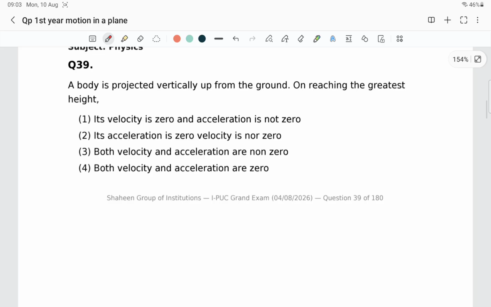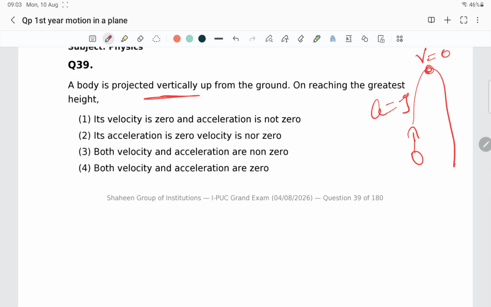A body is projected vertically up from the ground, on reaching the greatest height. So what is the answer? At highest point velocity is 0. Vertically up it says, at the highest point velocity becomes 0. Okay. Acceleration is -g throughout. Yes.